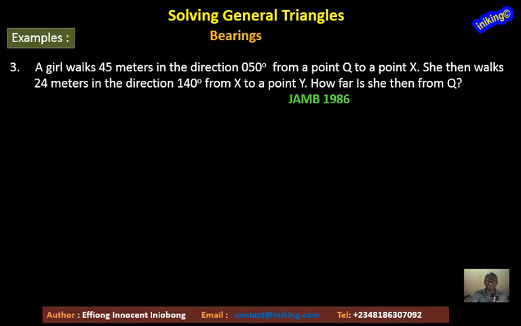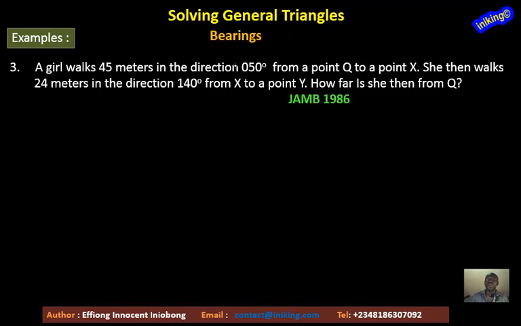Lastly, we take question number 3. A girl walks 45 meters in the direction 050 degrees from a point Q to a point X. Take note again where the bearing is taken from.